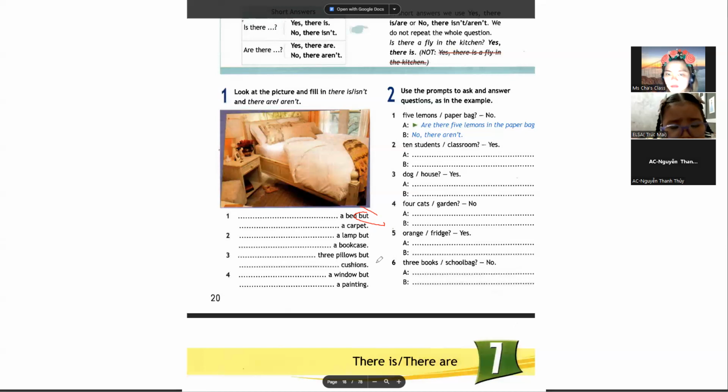There are three pillows, but there aren't cushions. Any questions? There is a window, but there isn't a painting.